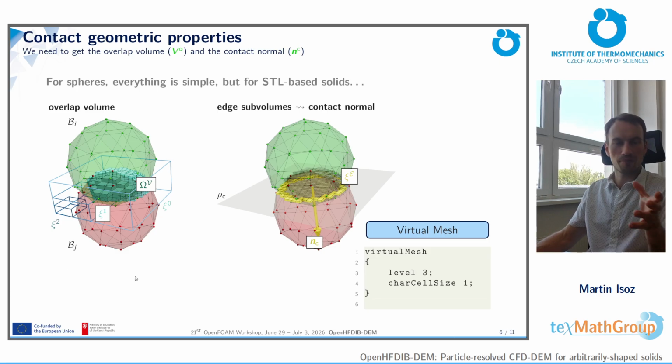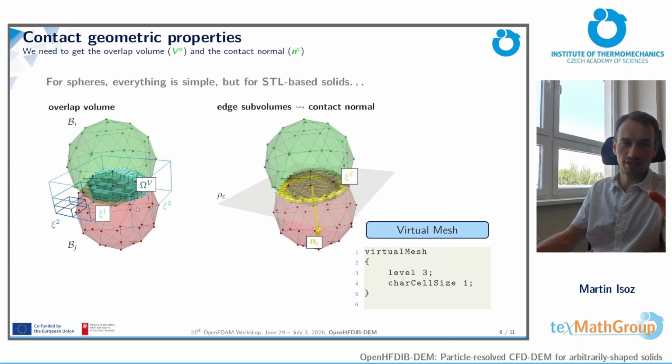So we came up with this virtual mesh approach, which is purely discrete and does not touch the CFD mesh due to performance reasons. Instead, in the vicinity of a contact we construct this bound box that will contain the whole contact, and we adaptively refine the bound box to subvolumes when the subvolume is cut by at least one of the bodies.